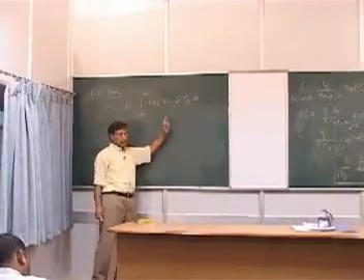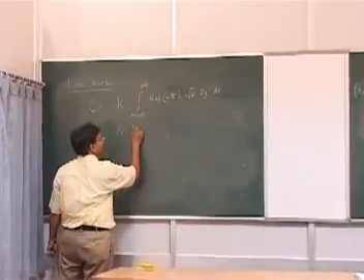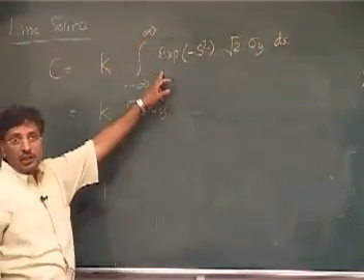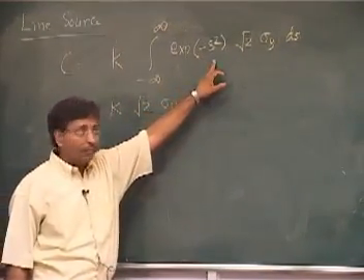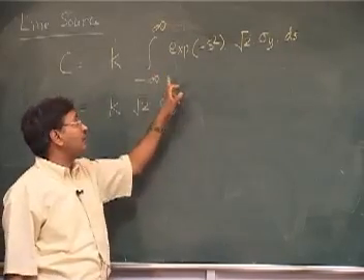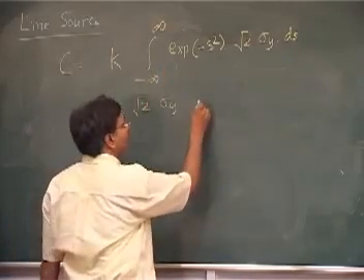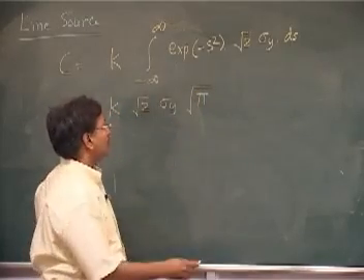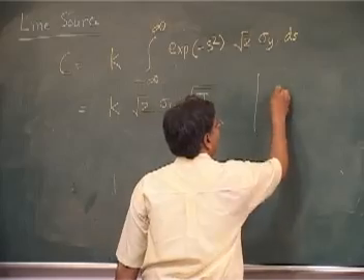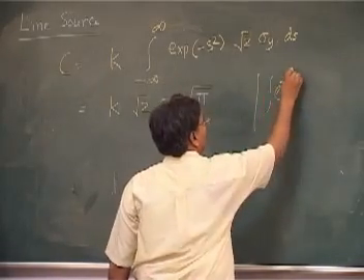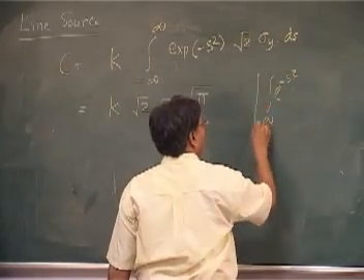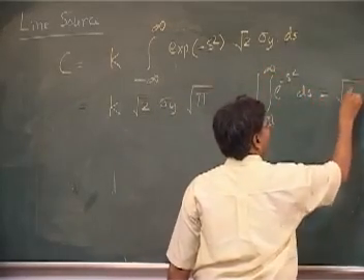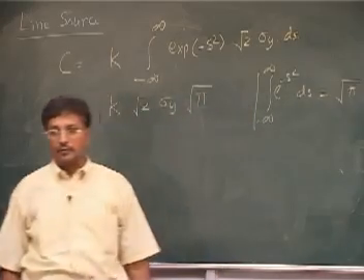These are all constants, so that comes out. The integration of exponential of minus s square from minus infinity to infinity is equal to root pi.